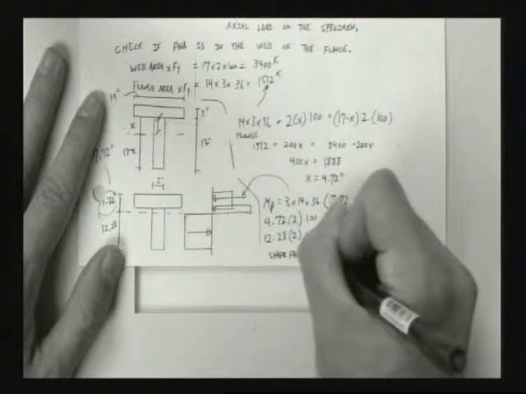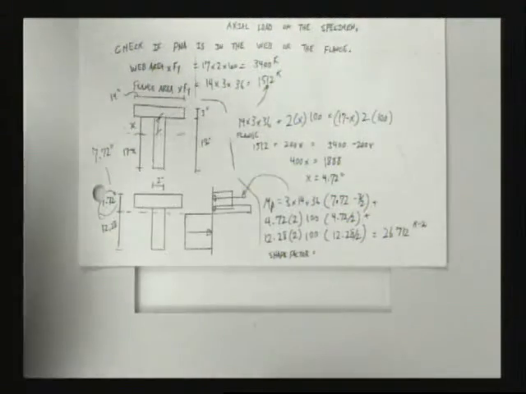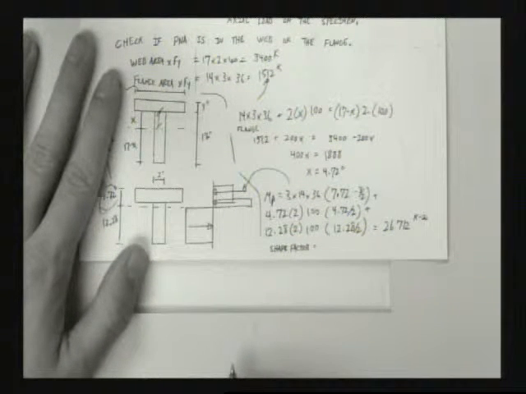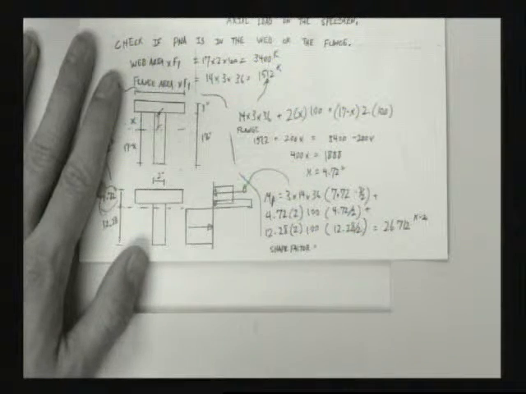Shape factor. How do I find a shape factor? What is a shape factor? M sub p over M sub y. And that should be the answer. It's not Z over S anymore. Okay?